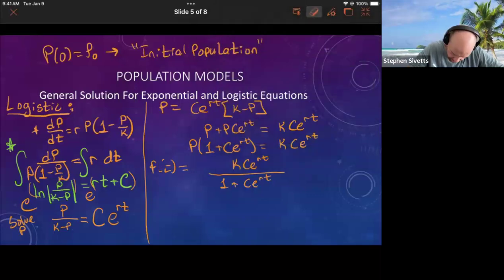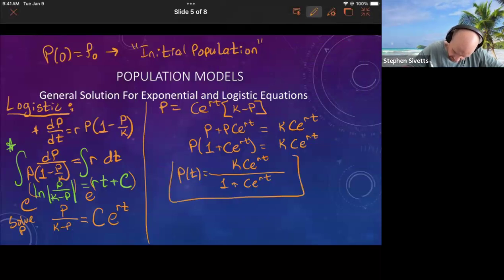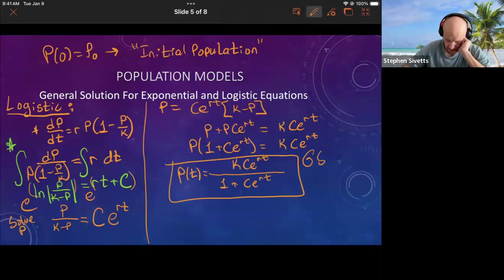So this right here, folks, is the general solution for a logistic differential equation, right? General solution. Okay.